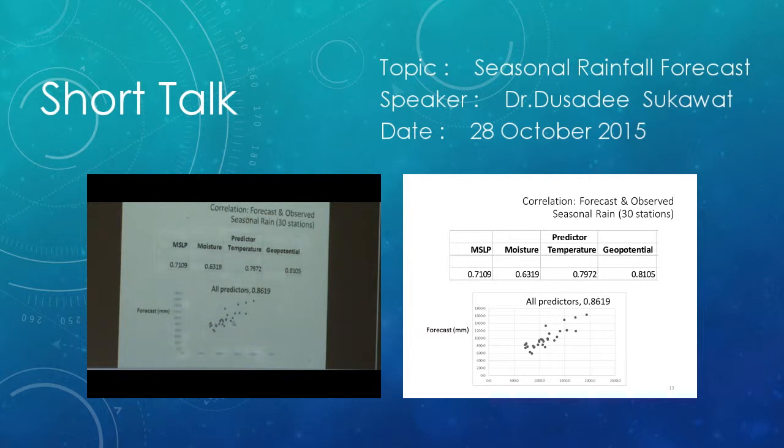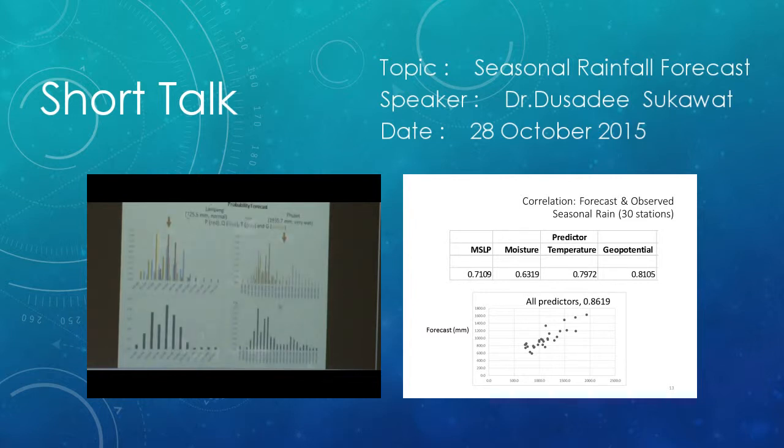Okay, but this looks good, but it is no use for practical use for farmers because this is for the whole country. It looks really good, but if you suppose you are in Phuket, it's totally wrong. So this is how you interpret the results statistically. It looks very good, but if you look at this, it's not applicable.